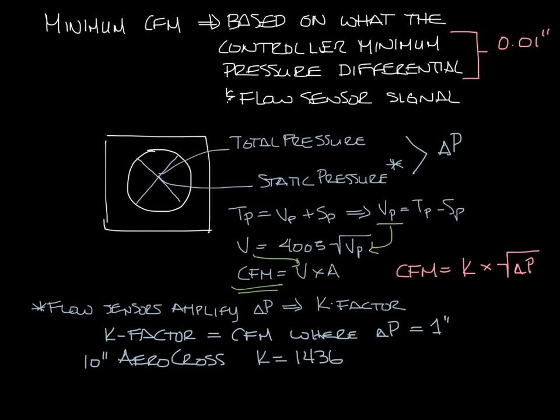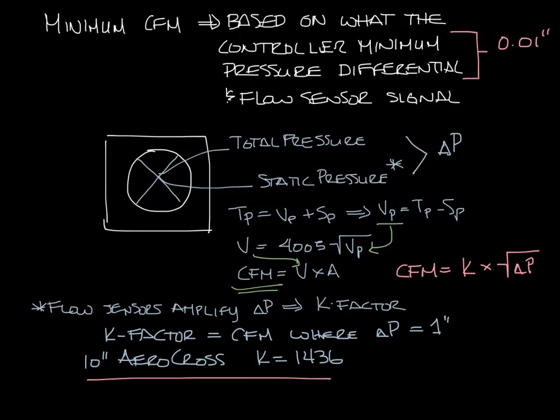That will give us the minimum that can go through a box for a typical VAV box controller. Now let me throw in my disclaimer. Your VAV box controller may differ. You may not be able to read down to 0.01 inches on the pressure transducer of your VAV box controller, so you should find out from your control guy what is the minimum differential pressure it can read so that you know you can get the minimum you're trying to hit.